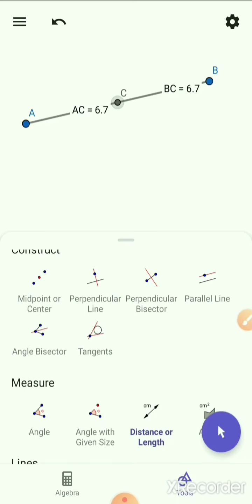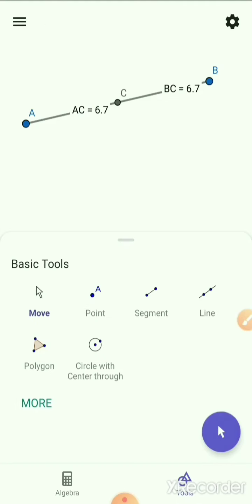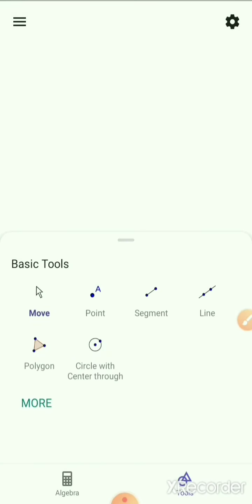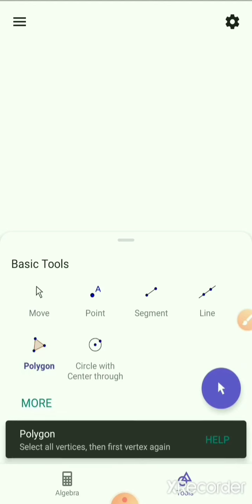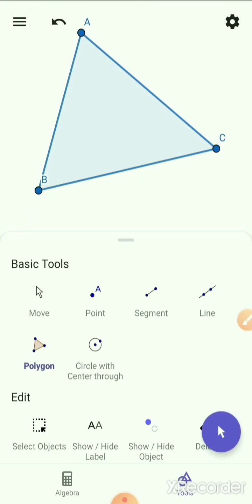This was about the segment. But when we are talking about a triangle, suppose I draw a triangle ABC. I have drawn triangle ABC.